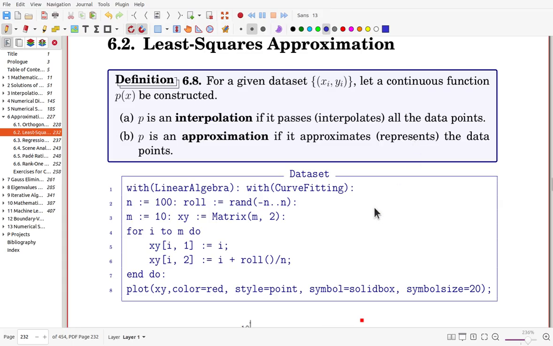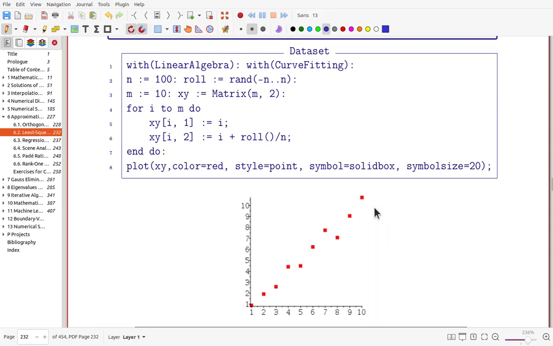Let's see this example. A data set is made in this way. This data set is a perturbation from a straight line, as in this script. And we choose M. There will be M equals 10 points.